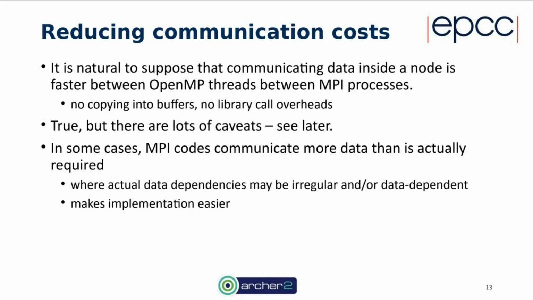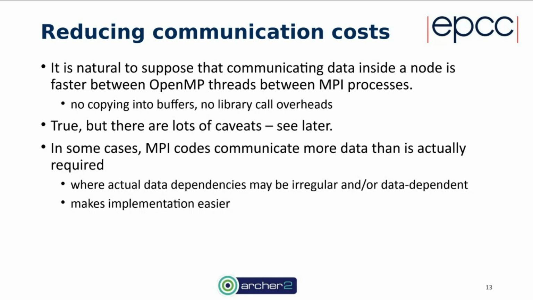In practice, the real benefit often comes from the fact that some MPI codes communicate more data than is actually required to satisfy the data dependencies in the application. This typically occurs where the data dependencies are irregular or data dependent, and it's just for convenience.